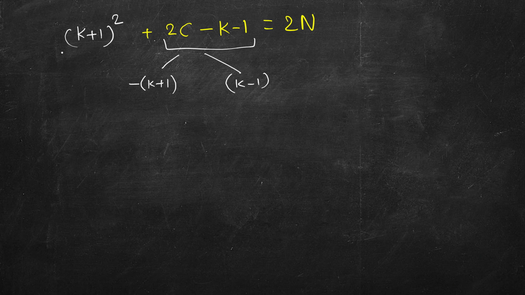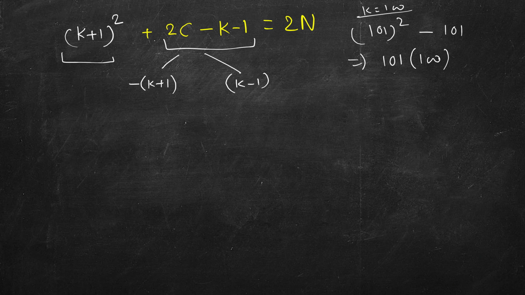So let's look at this term. So here we have, let's say k is 100, actual k. So this k plus 1 square is 101 square. So what is the minimum? If I subtract this 101, so this k plus 1 is same as here. So if we subtract 101 from this, what will be this? 101 is common and 101 minus 1, which is 100. So this term becomes this.